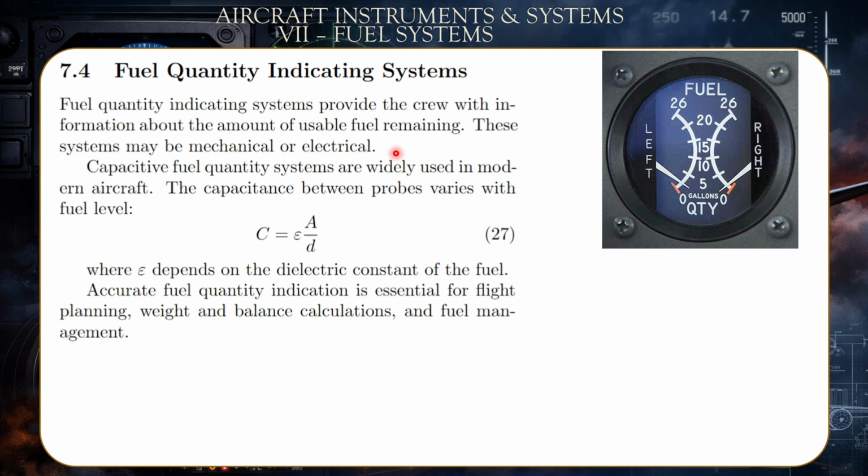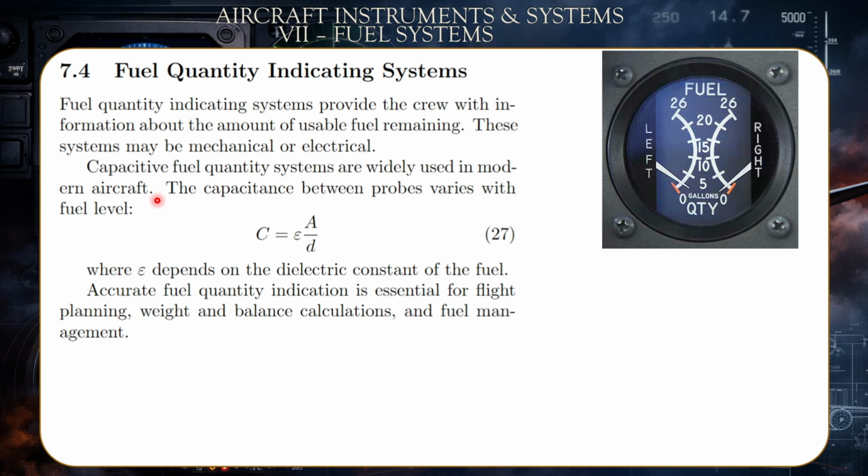So whenever a floater is driven up, or whenever you have a short circuit at one of the electrical sensors, that would light up within the cockpit, showing that you have fuel at that level, okay? Capacitive fuel quantity systems are widely used in modern aircraft. The different level of fuel would change the capacitance value of an electrical component.